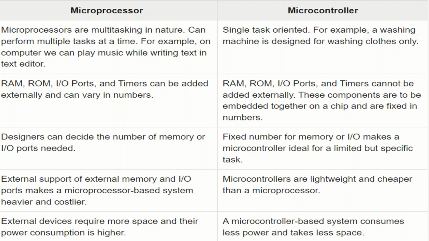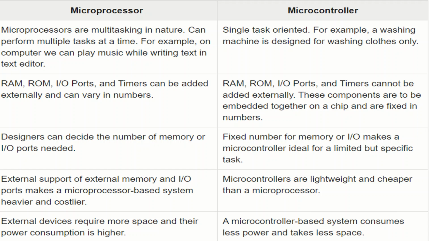Now RAM, ROM, input-output ports and timers can be externally added and vary in numbers. So you can customize a microprocessor. While in a microcontroller, they cannot be added externally. They are embedded together in a chip and are fixed in numbers. You cannot modify a microcontroller, whereas you can modify a microprocessor.